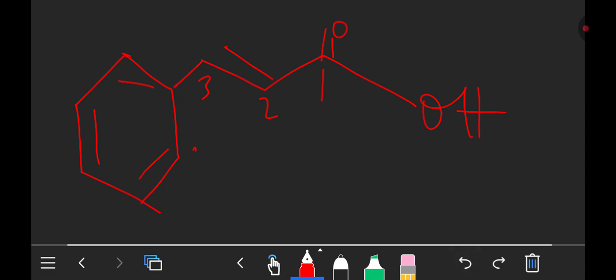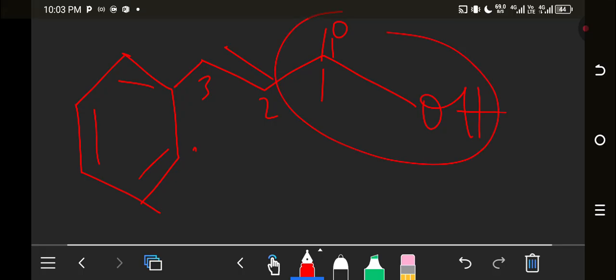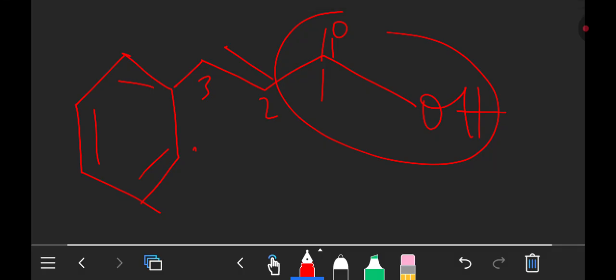When it is not attached directly to the acid, as in the previous example whereby the benzene was attached directly to the functional group of an acid, but in this case it is not attached directly, it will be phenyl. So it won't be benzyl, it will be phenyl.